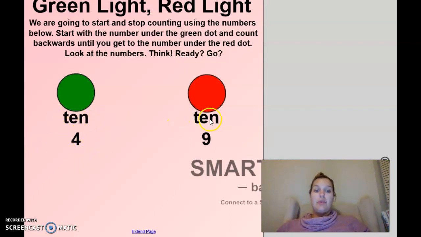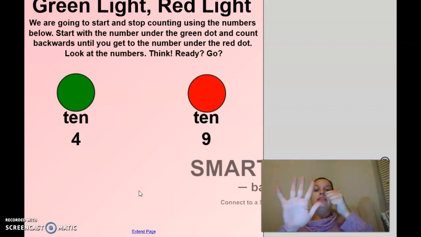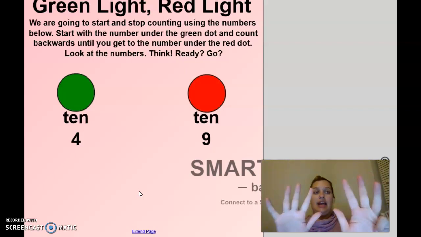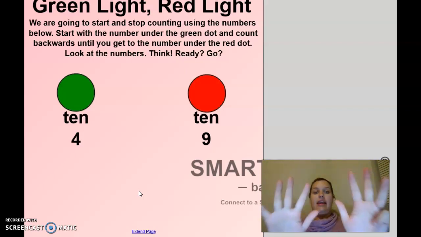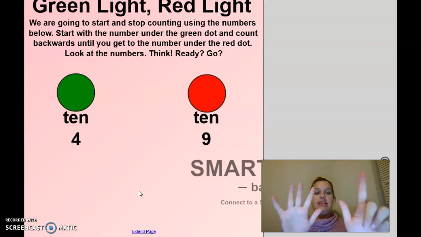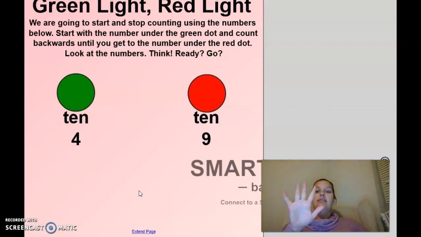This says 10, and what's this number? 4. And we're going to stop at 10, 9, 10, 4, 10, 5, 10, 6, 10, 7, 10, 8, 10, 9, 10, 9, 10, 8, 10, 7, 10, 6, 10, 5, 10, 4.